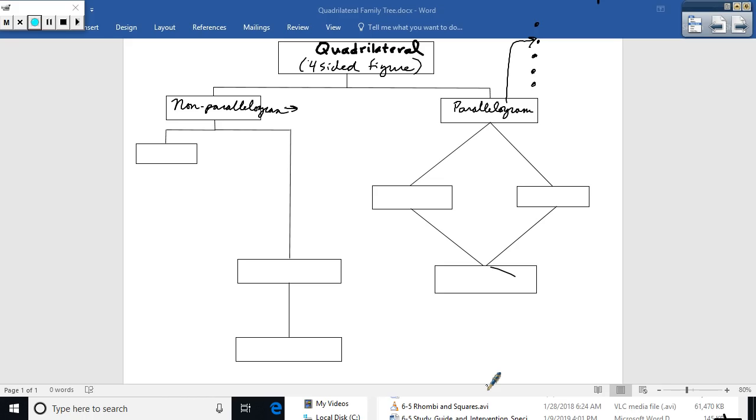Okay, so with the parallelogram, for the first bullet point here, I would write down both pairs of opposite sides are congruent. Okay, both pairs of opposite sides are congruent. I would write down for the second bullet point, and if this gets going too fast, feel free to pause, that both pairs of opposite sides are parallel.